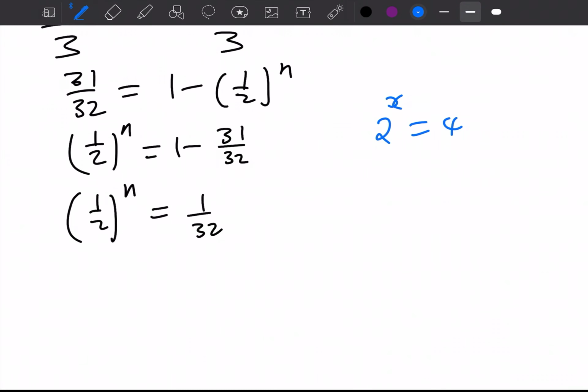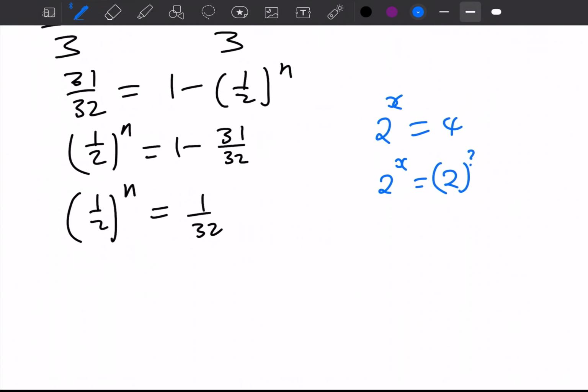What you do is you ask yourself, how can I write 4 in terms of 2? If I have 2 power something, it should give me 4. How can I write 4 in terms of 2? You already know the answer.